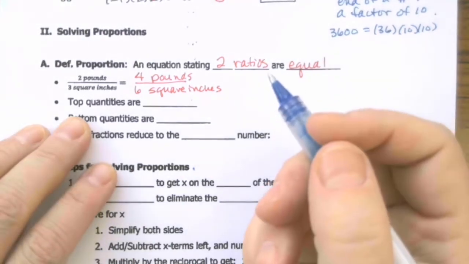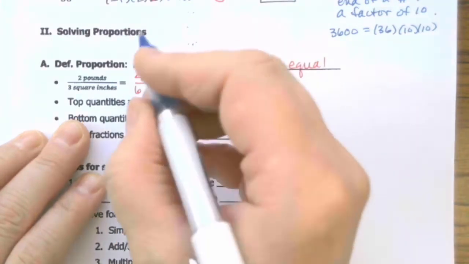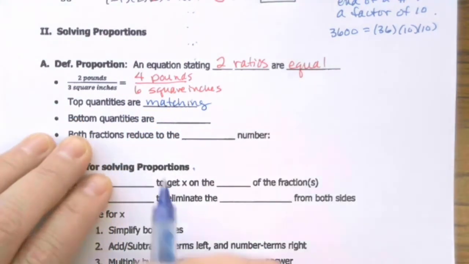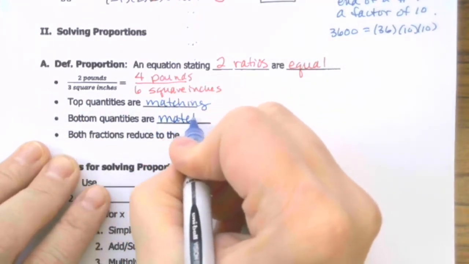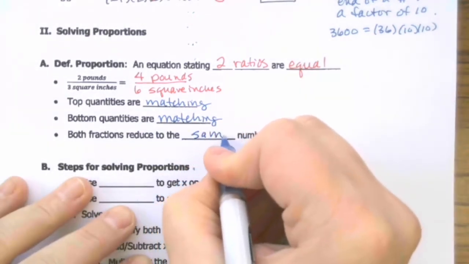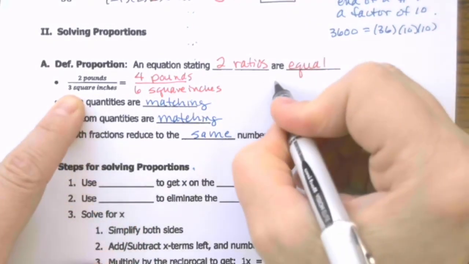The top quantities, left and right, pounds and pounds, are matching. The bottom quantities, square inches and square inches, are matching. And if it's a true proportion, both fractions reduce to the same number. So the one on the left is 2/3.